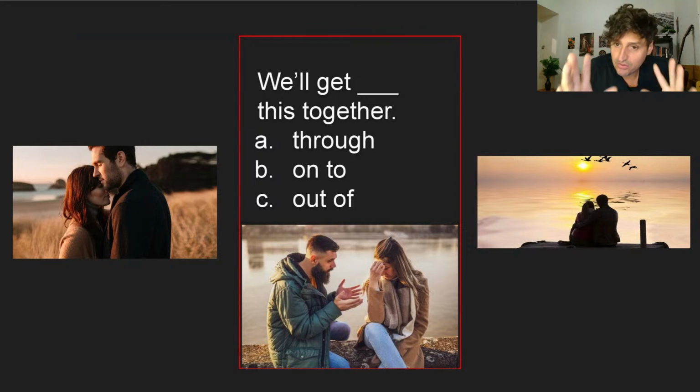But with your spouse, with your husband, with your wife, you say, we'll get through this together, onto this together, or out of this together. Meaning we will manage it. We will fight together. We will stay united. We will work together. Together we will solve the problem.